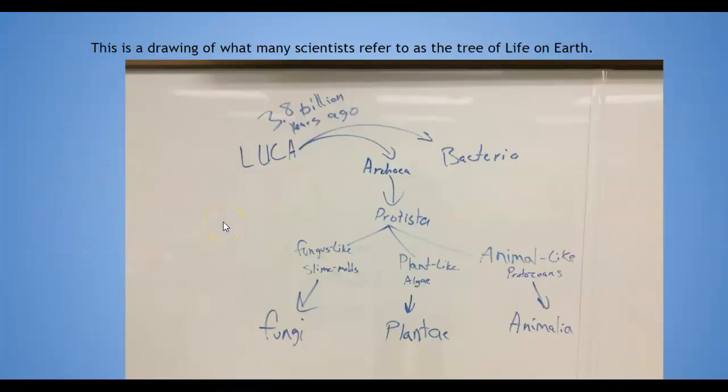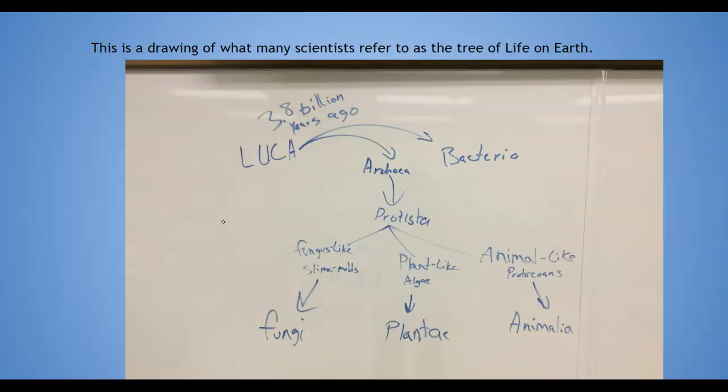This is a drawing that I put on the whiteboard. Basically, they have this thing, their last universal common ancestor. We think that this first organism on Earth came to be about 3.8 billion years ago, and it was probably some sort of archaea. As the archaea evolved, bacteria evolved out of it. And then Protista evolved from the archaea. Then there are the fungus-like protists, plant-like protists, and the animal-like.